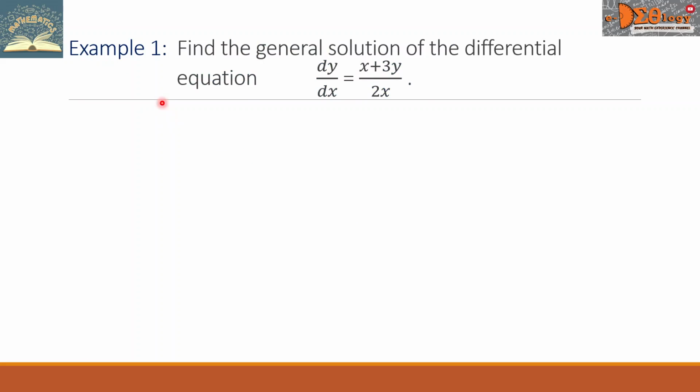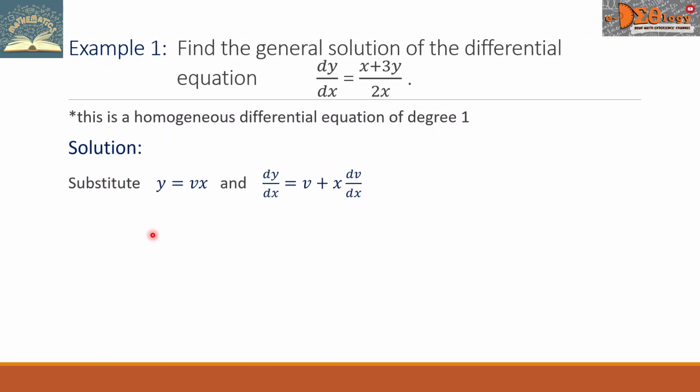Let's have example 1. Find the general solution of the differential equation dy over dx equals x plus 3y all over 2x. This is a homogeneous differential equation of degree 1.